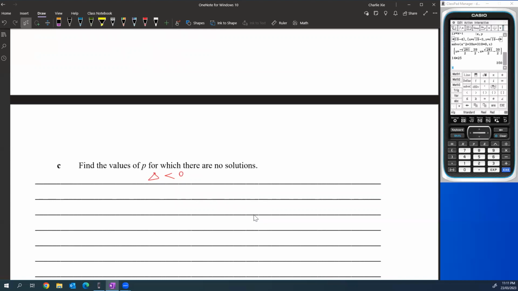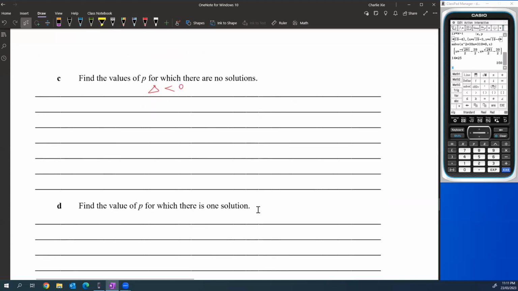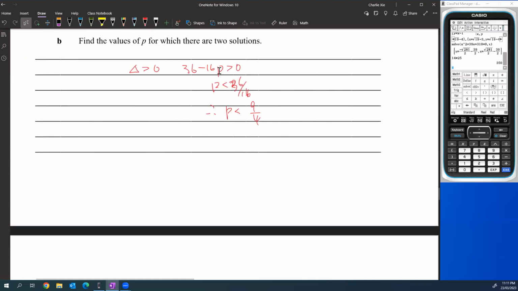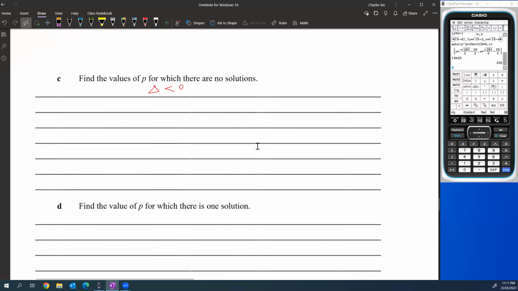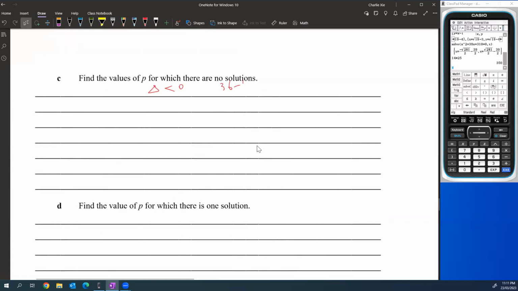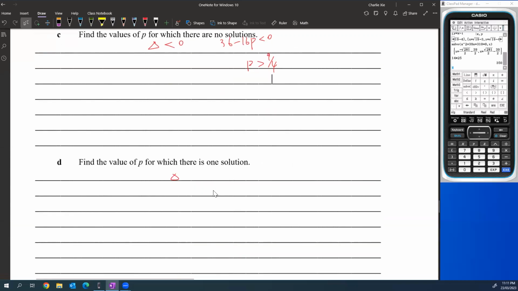So 36 minus 16p has to be less than 0. Therefore, p has to be greater than 9 over 4. Last one, there's only one solution, discriminant equals 0, and therefore by observation, that's just 9 over 4.